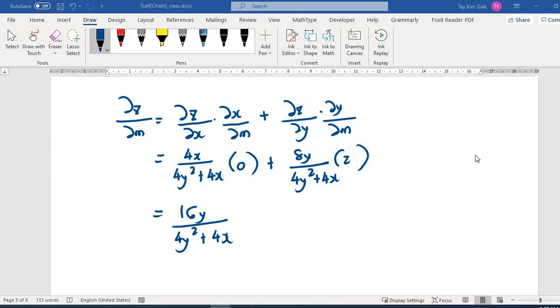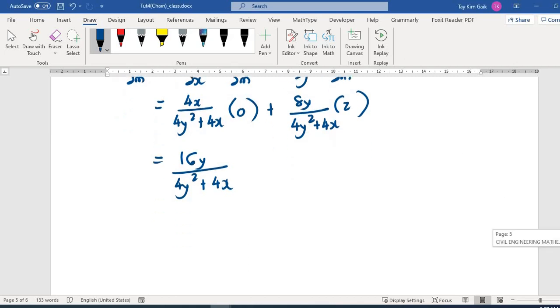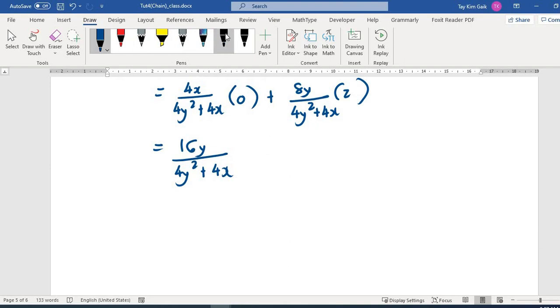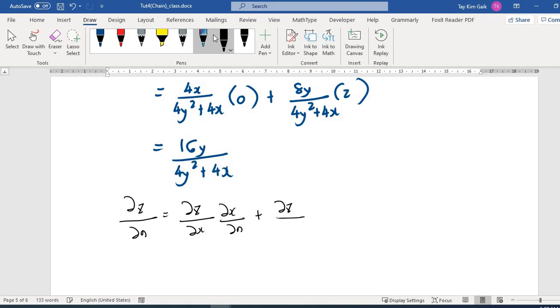Okay, and then similarly to find del z del n, variable m here you change to n, the rest same. Okay. If you want del z del n, so del z del x, okay, del x del n plus del z del y, del y del n. Okay, del z del x here 4x over 4y squared plus 4x.